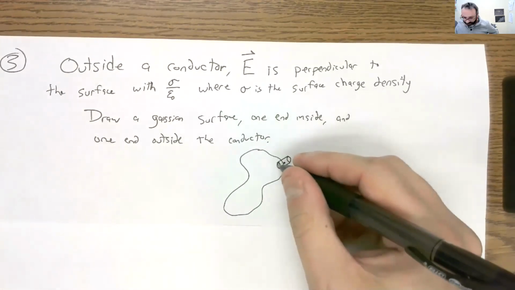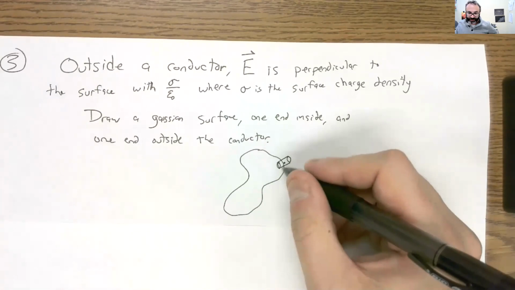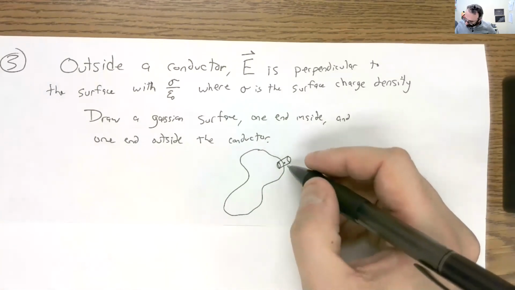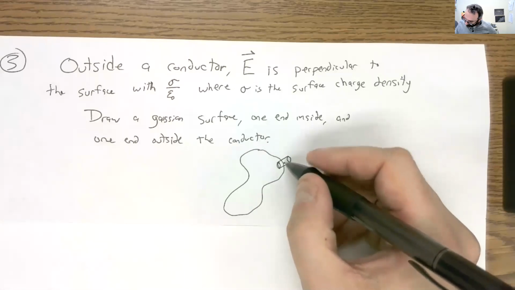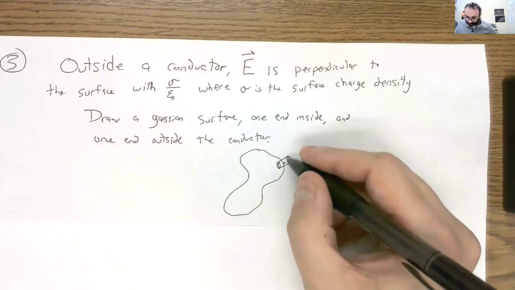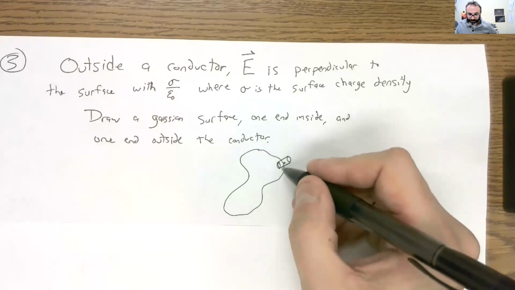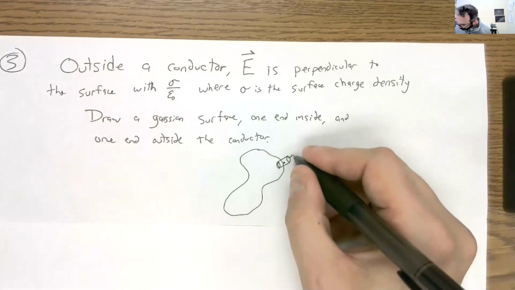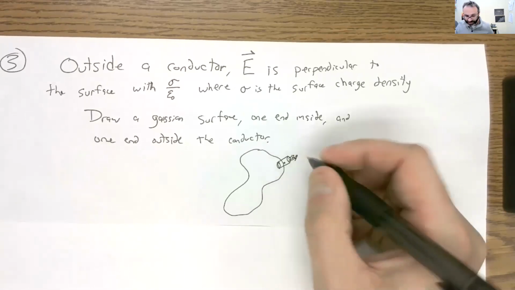So I know that the end of the cylinder, if it's inside the conductor, is not going to have any flux passing through it. I can say that the electric field is going to be perpendicular to the surface, so the round barrel of the cylinder isn't going to have any flux through it. All the flux is going to be just through this end of the cylinder here, outside the surface.